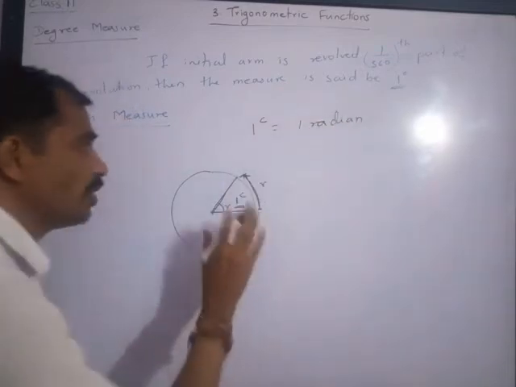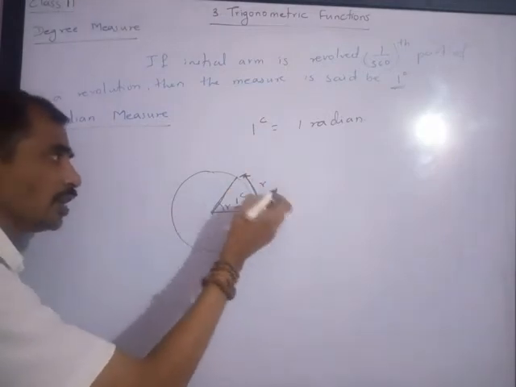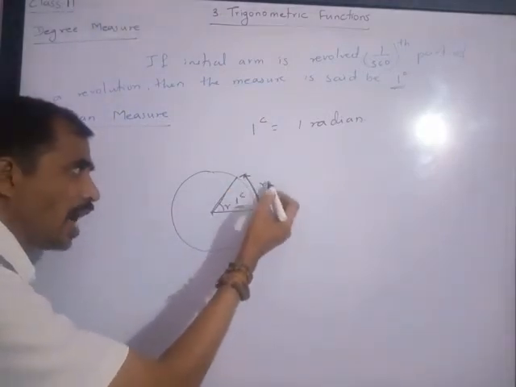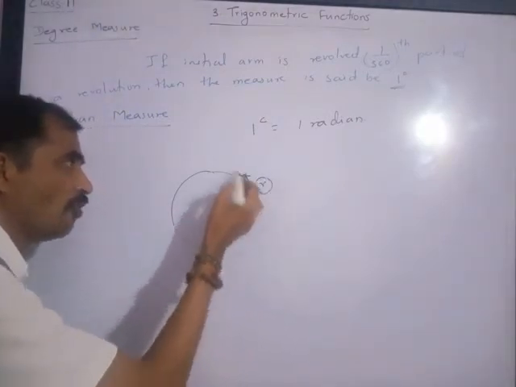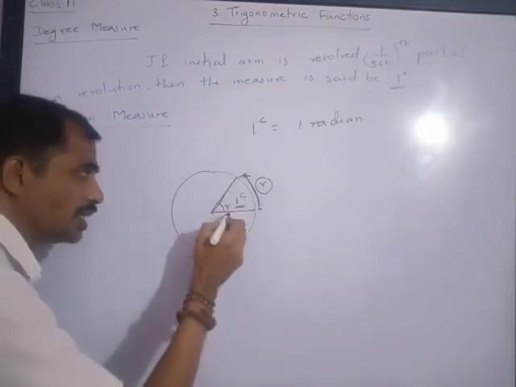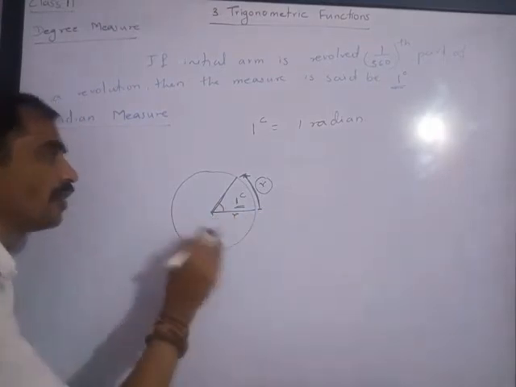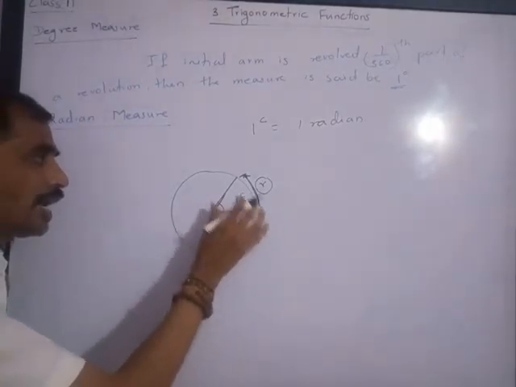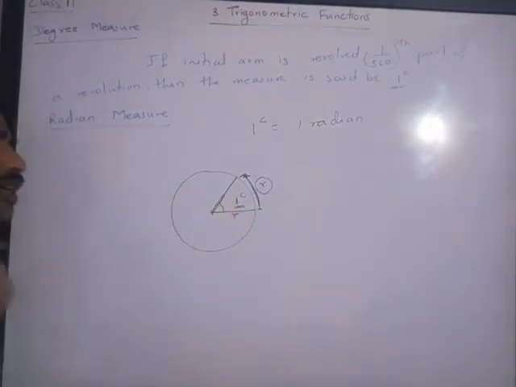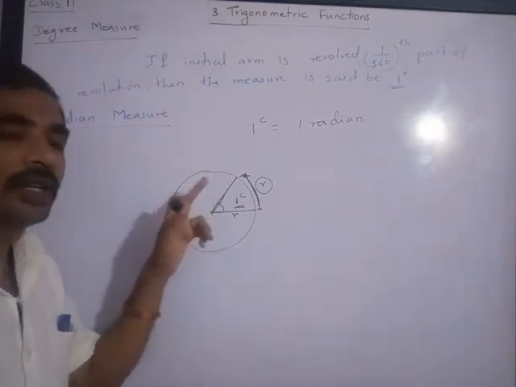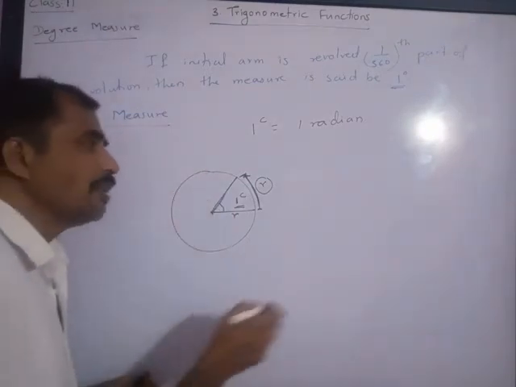Please note, try to understand. If the length of the arc is r in a circle of radius r, then the angle subtended at the center is 1 radian. Or this can be defined further.